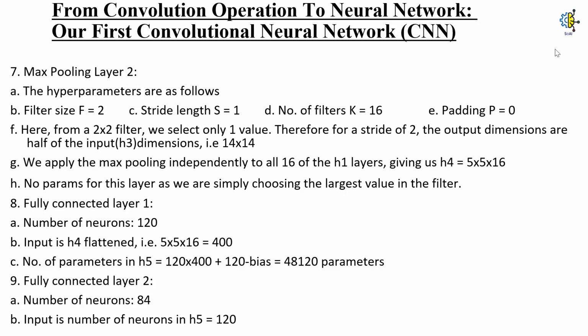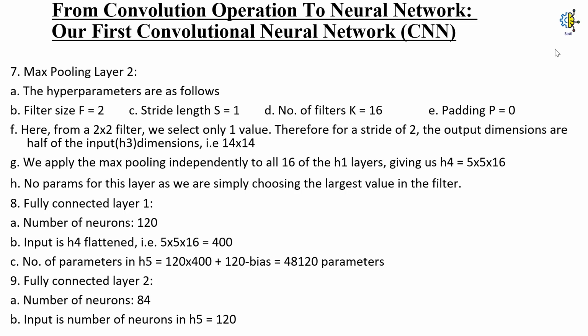Fully connected layer 1. Number of neurons is 120. Input is H4 flattened, that is 5 cross 5 cross 16, that is 400. Number of parameters in H5 is 120 multiplied by 400 plus 120 for bias, which comes out to 48,120 parameters. Fully connected layer 2. Number of neurons 84.